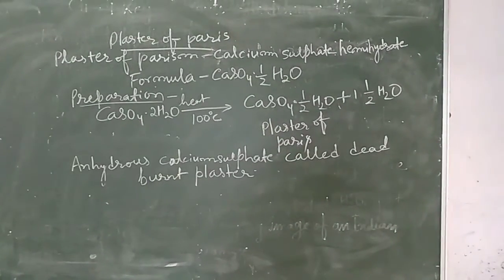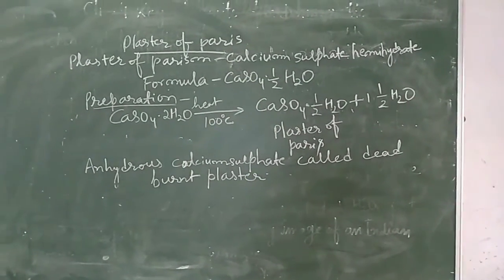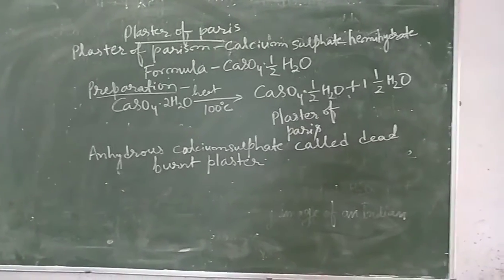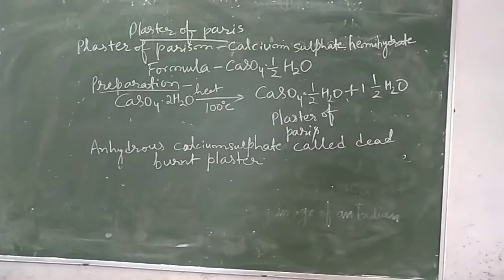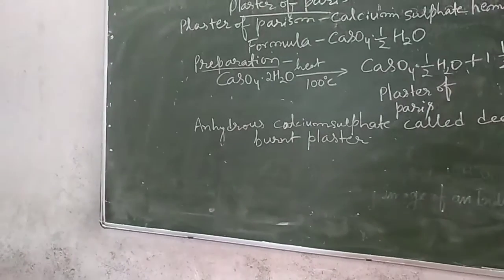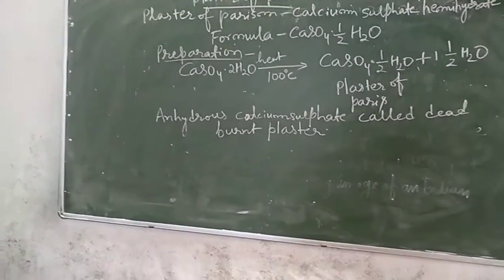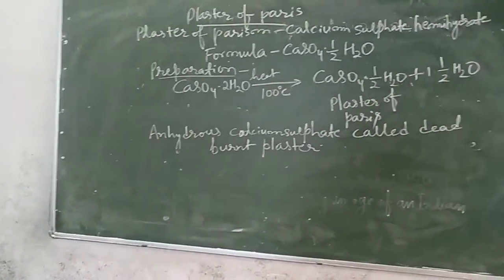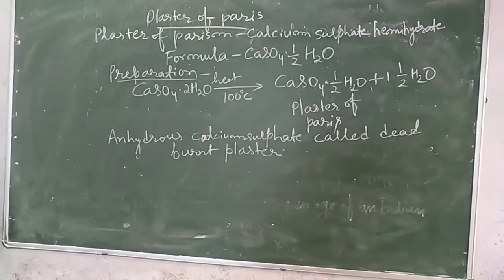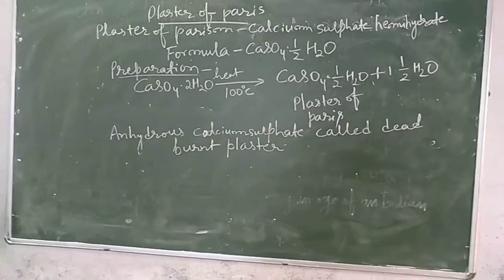Now the properties of plaster of Paris. Well, plaster of Paris is a white powder, and it sets into a hard mass on wetting with water. When you dissolve plaster of Paris in water, then it is again converted into gypsum, and the formula of gypsum is CaSO4.2H2O.